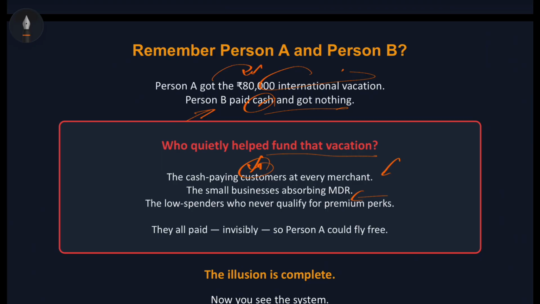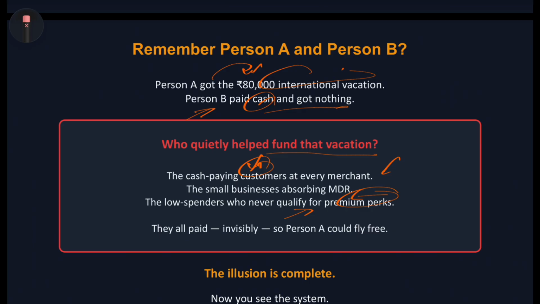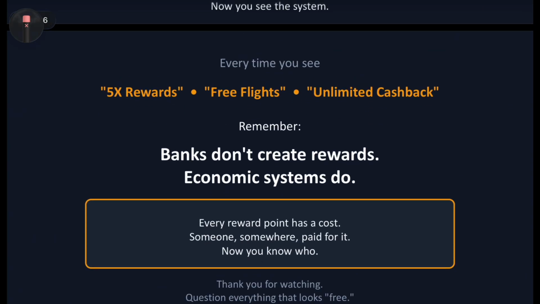The small business who was absorbing the MDR, the low spenders who never actually qualify for the premium perks, they are basically funding the entire portfolio, which eventually would reward the rich people, right? And now the illusion is complete, and now you are able to see the entire system, right?